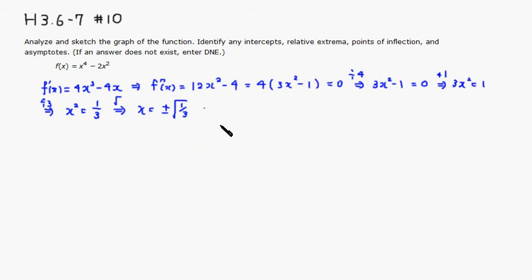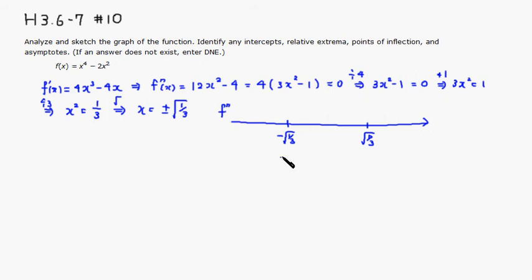So we need to plug it in. We need to make sure that there's a concavity change. So we do the number line here, right? So it's negative square root of 1/3 and positive square root of 1/3. Then we look at the second derivative.